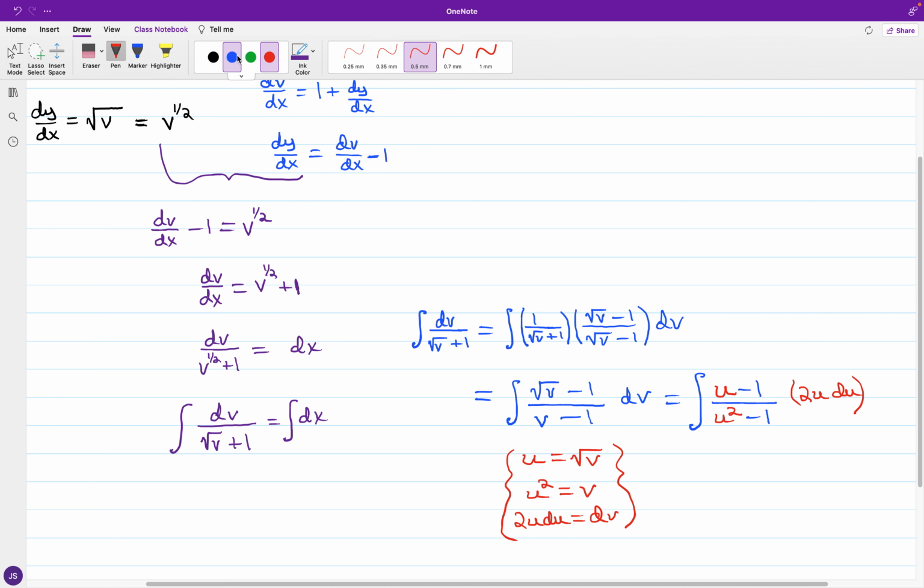And looking at the follow-through, if you notice, u squared minus 1 factors out to u plus 1, u minus 1. So we can have the u minus 1 cancel. And if I multiply 1 by 2u du, I have 2u du. And again, u minus 1's cancel, so I have 2u du all over u plus 1.